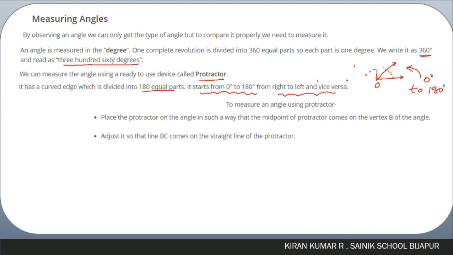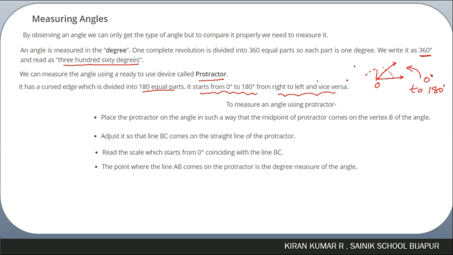Adjust the protractor so that the line BC lies along the straight edge of the protractor. Read the scale, starting from 0, coinciding with the line BC. The point where the line AB comes on the protractor is the degree measure of the angle.